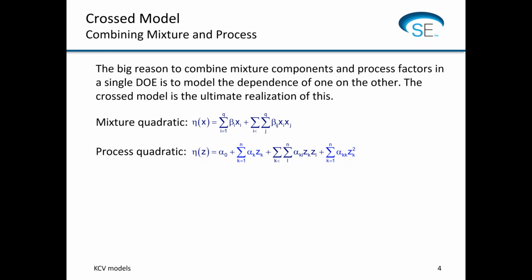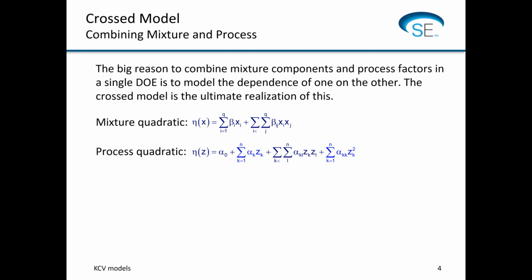For the mixture, we've got the Scheffé form, where we've got the coefficients on the individual components. The components are proportions that add up to 1. The intercept gets embedded in the linear coefficients, so there's no intercept.